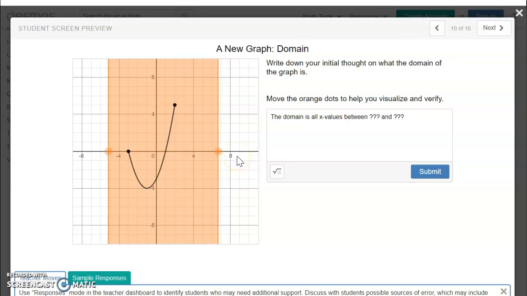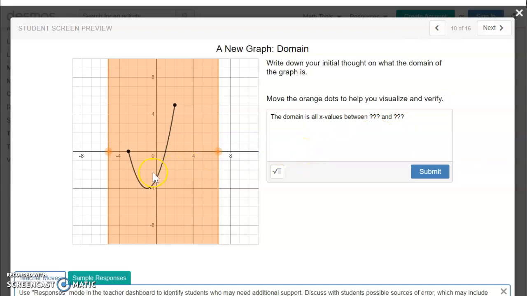And then you need to write down what the domain is. Remember, domain is all possible x values. That means we're really interested in how far the graph extends in the x values. Please do that now. And then you're going to write down that the domain is all values between what number and what number. I want you to enter that as well.